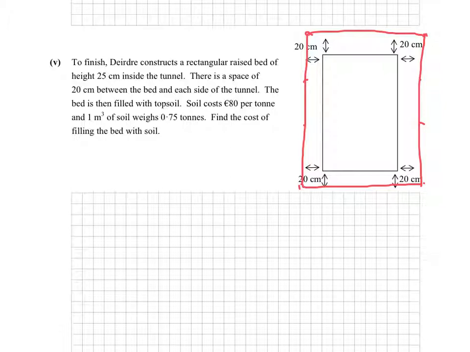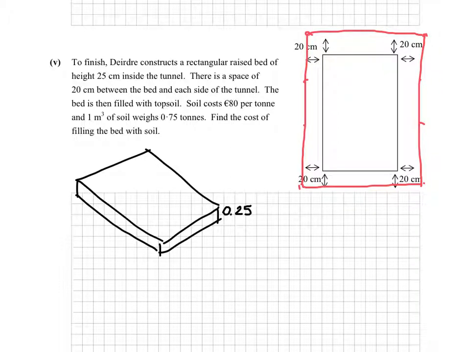So we have effectively a cuboid shape which has a height of 25 centimetres or 0.25 metres. Always make sure your measurements are in metres. So the length of this space is going to be 2 lots of 20 centimetres short of 8 metres long. So if we take 2 lots of 0.2 away from 8, we get 7.6 metres long.